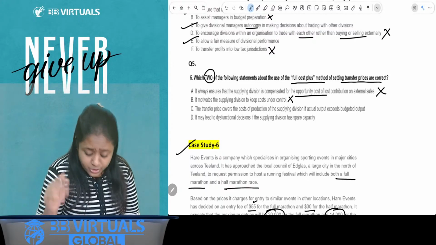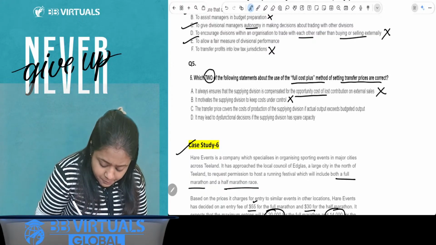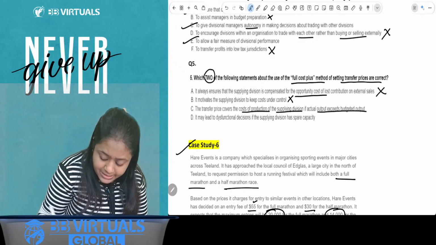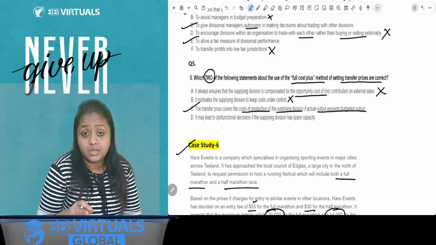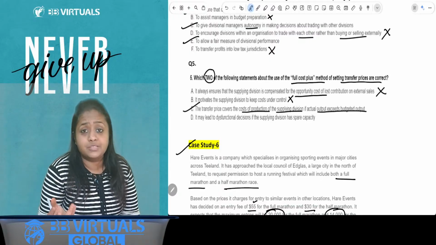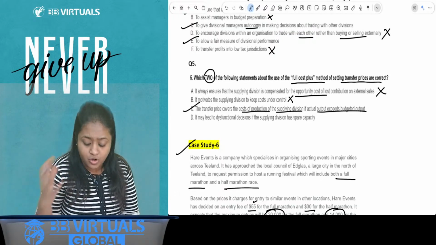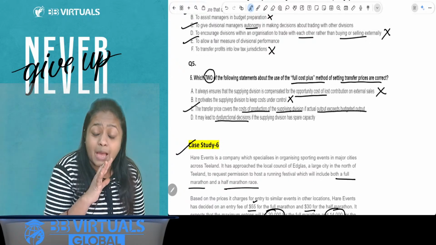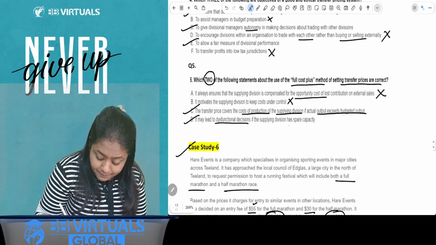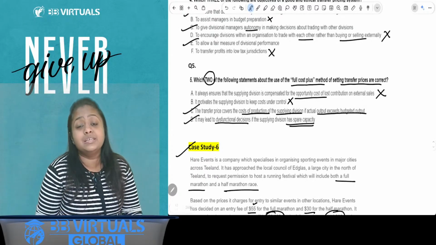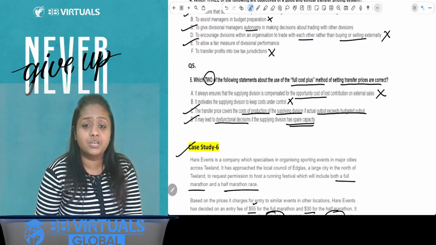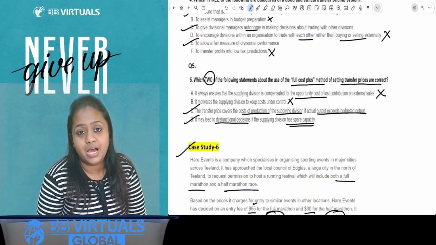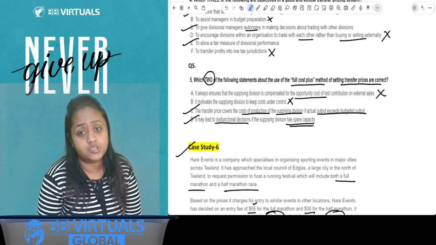So that's absolutely wrong. The transfer price covers the cost of production of the supplying division if actual output exceeds budgeted output. Absolutely. That is why we say it's a full cost. It is covering the cost of production. It may lead to dysfunctional decisions. Absolutely correct, if the supplying division has spare capacity. Why would it lead to dysfunctional decisions? Because it would then charge even for the spare capacity the full cost plus margin.